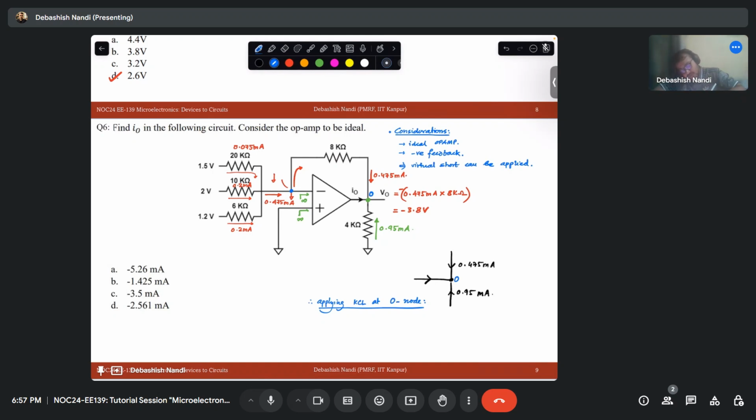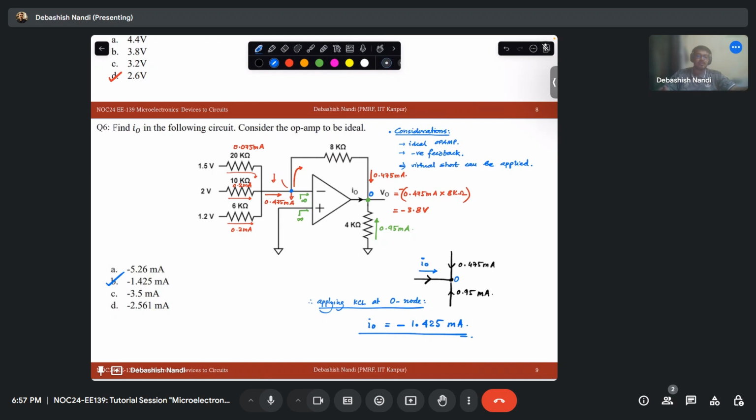So what is the current I0? I0 will be negative of 0.95 plus 0.475, so 1.425 milliampere. Okay. It is a very easy problem, but very easy to misplace the signs.